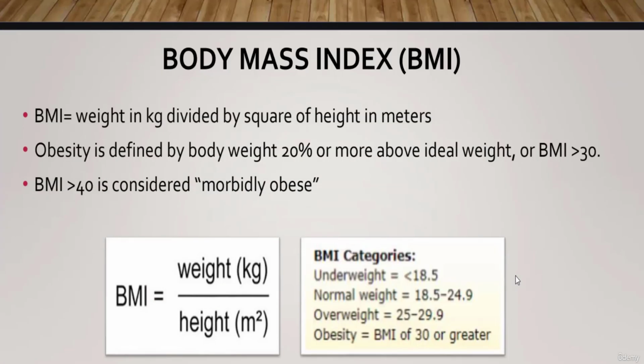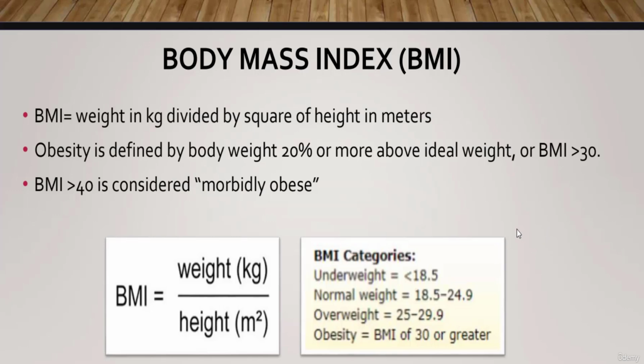Now, what is the body mass index, BMI? It is your metabolism, right? It is based on your weight and your height. So depending on the value that you get, you can actually determine if you're underweight, if you have a normal weight, if you're overweight, or if you're obese.